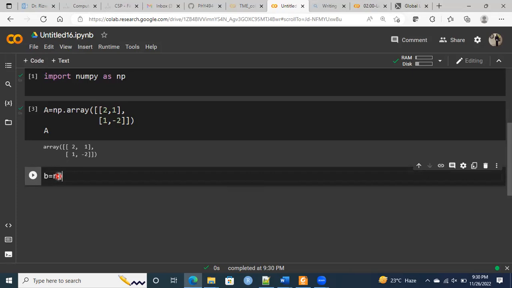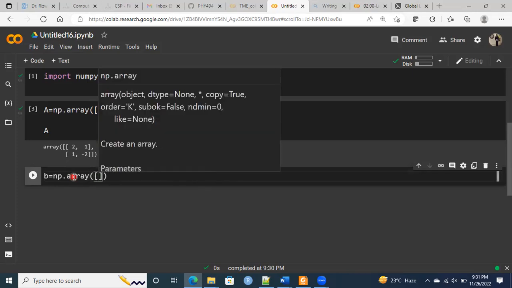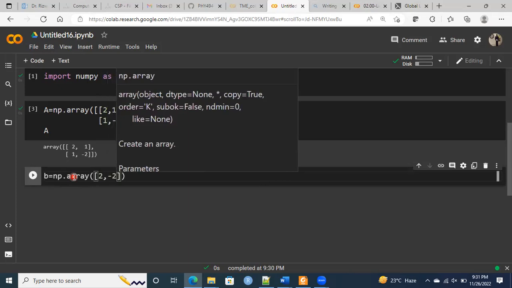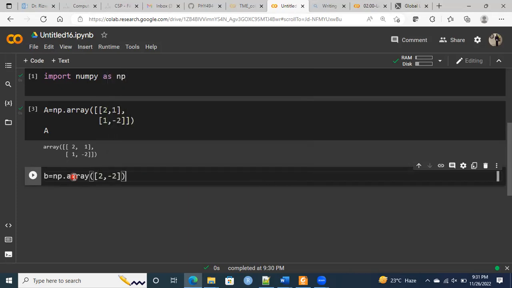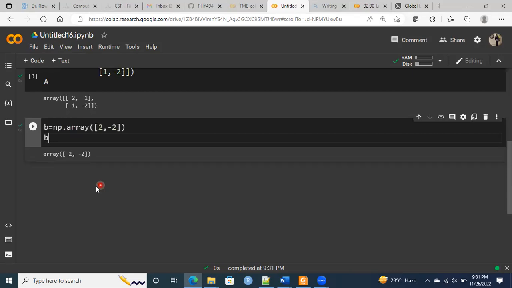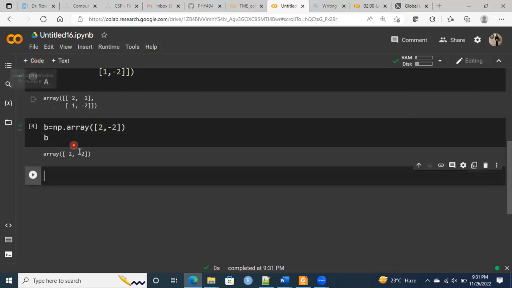So b equals numpy dot array, and I'm going to say 2 and minus 2, and we can see that it has been rightfully created. Okay, then the next one, I would say x old.